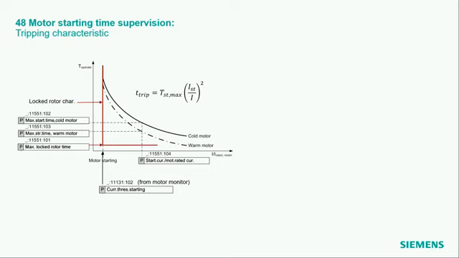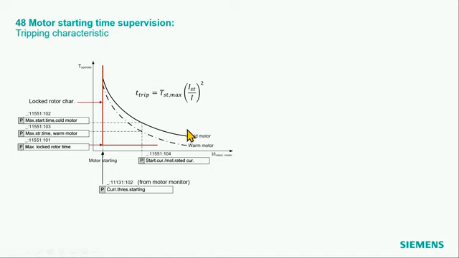Good. This is our curve, the tripping curve of this function. And let's have a look at the settings first. I have two curves, basically, one for the cold motor and one for the warm motor, so different maximum starting times or tripping times here.